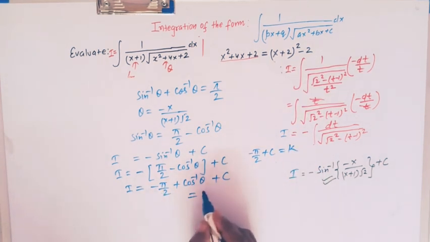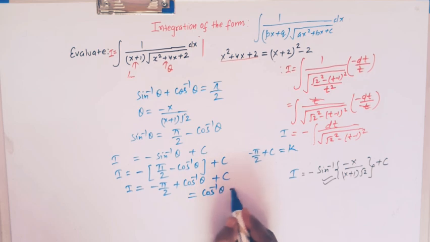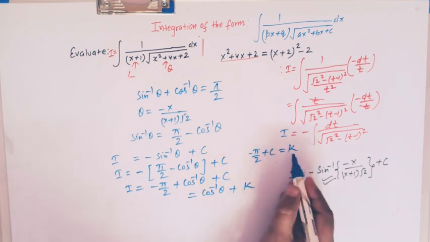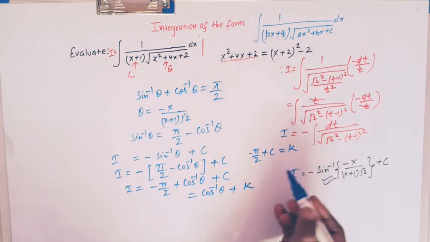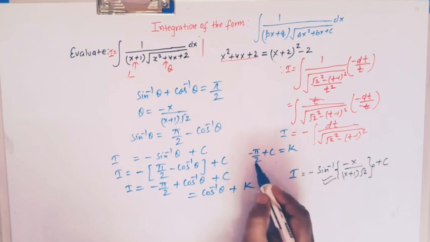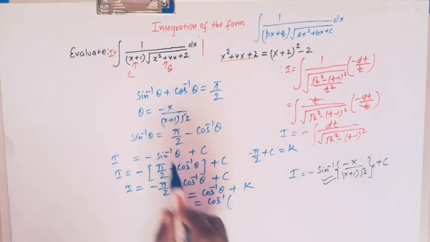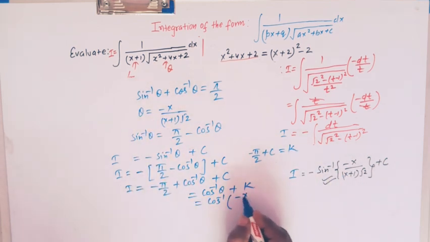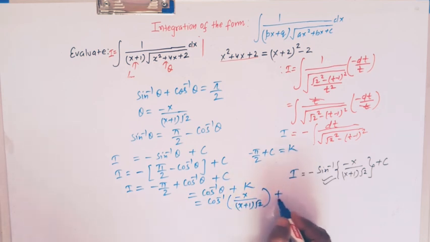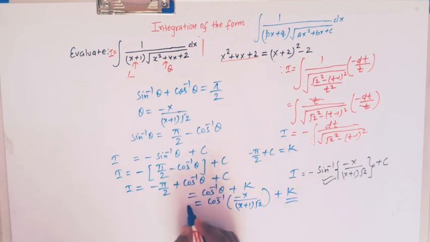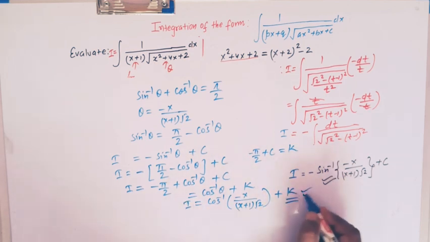So we can now write it as cos inverse theta plus k, where k is some other constant of integration which is equal to minus pi by 2 plus c. And now we can resubstitute the value of theta here. So we have cos inverse of minus x over x plus 1 times square root of 2 plus k, right? So this is another expression for this integral.